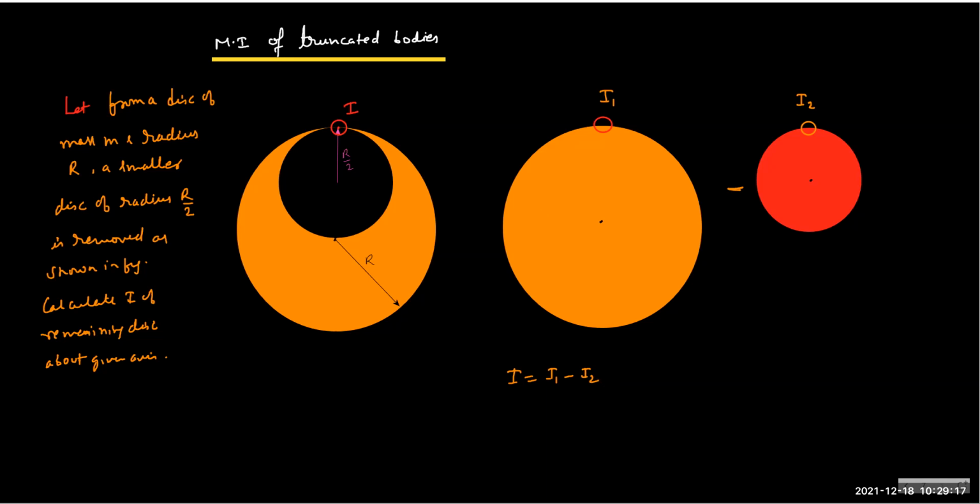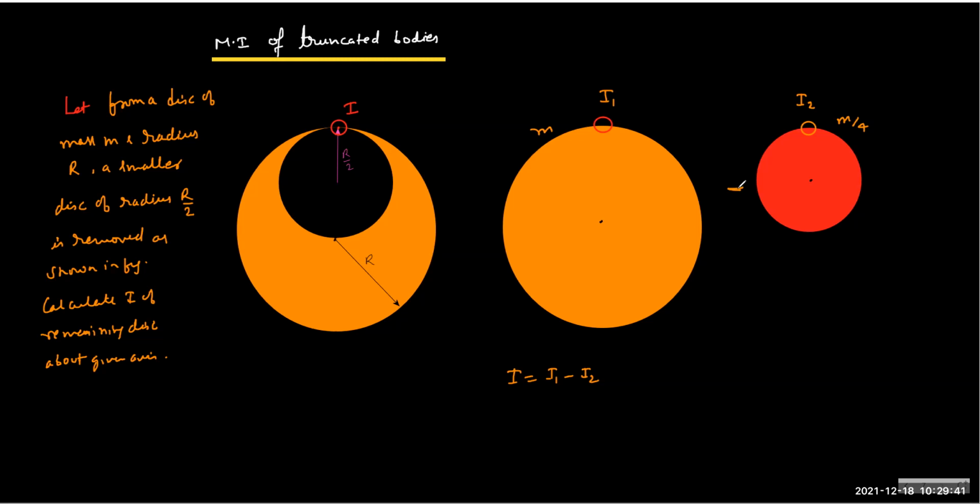So the M is given for this much. This is M given, not the left side. The full disk is M. So now what is the mass of this disk? Because area-wise you can see it's M by 4. This is the easier way of writing the mass, or you could have gone into writing in terms of sigma and all. That is also possible.